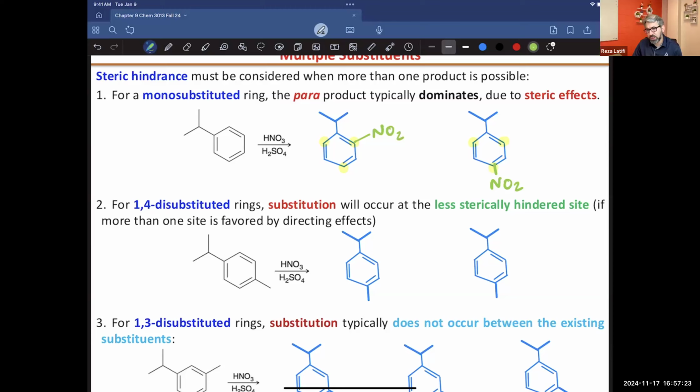Now, if you put it in the para position, you will have less steric effect. If it's in the ortho position, you will have some steric effect, and that's going to be an issue. So which one is going to be the major product? This is going to be the major product, and the ortho one will be the minor.